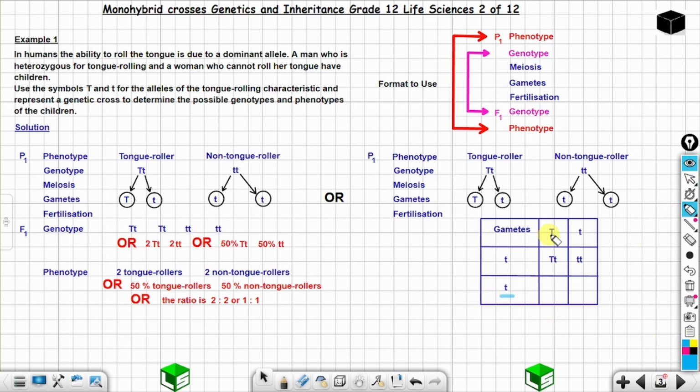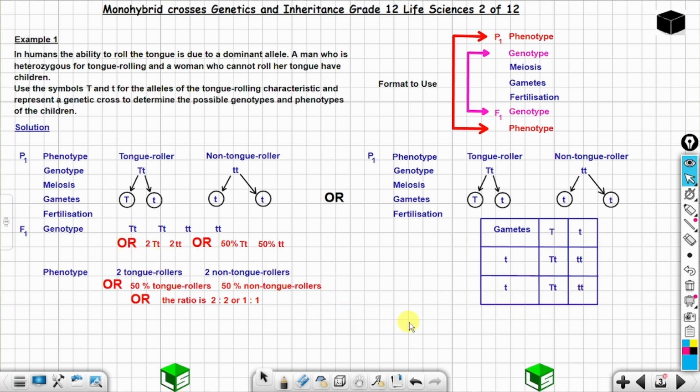Okay, this with this, you are going to have this. Okay, always write the dominant allele first. Okay, this and this, you have this. Now this and this, you are going to have this.